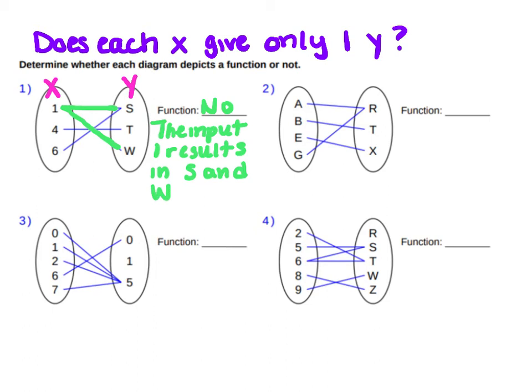If I look at my second example, I have these are the x's and these are the y's, and we can see that each x goes to only one y. So because each of these x's only matches with one of them, your answer is yes, each input has one output.